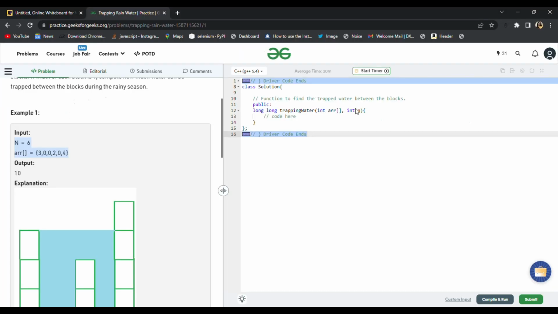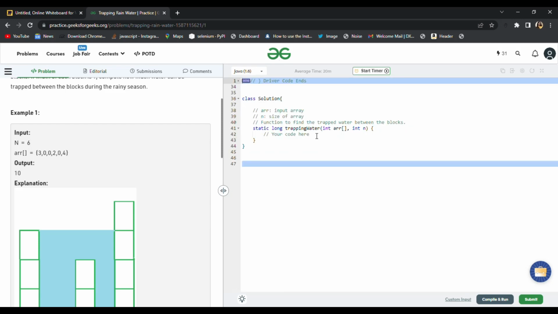Let's start coding the solution. We are going to follow our algorithm step by step over here. So first let us change it to Java because we are going to code in Java.